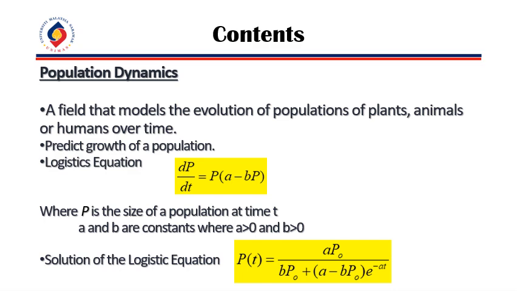We want to predict the growth of population over the years, let's say over 5 to 7 years, and we want to know the growth rate for this kind of population. Then the logistic equation, usually this is the logistic equation, right? dP/dt = P(a - bP). a and b here are constants, where a is greater than 0 and b is greater than 0, right? Where P is the size of the population with respect to time.